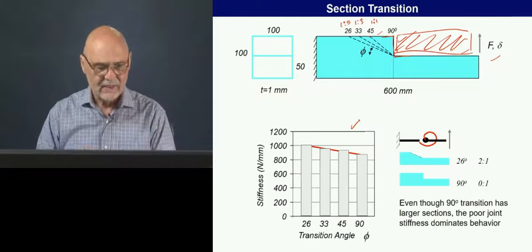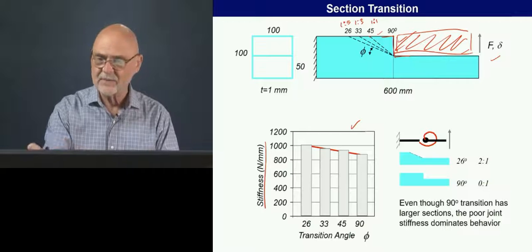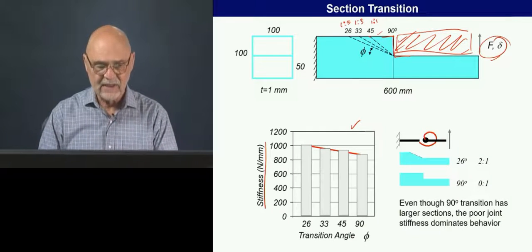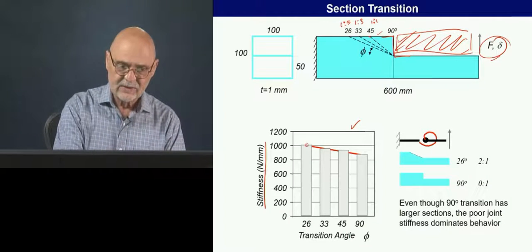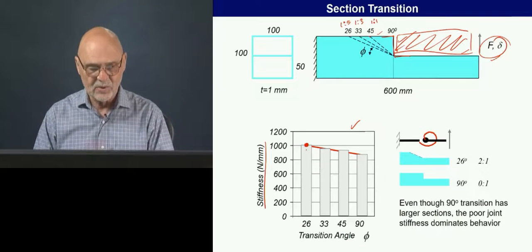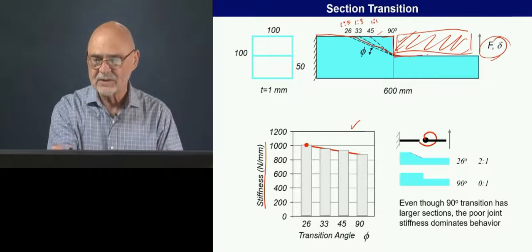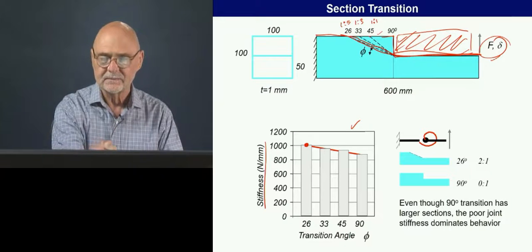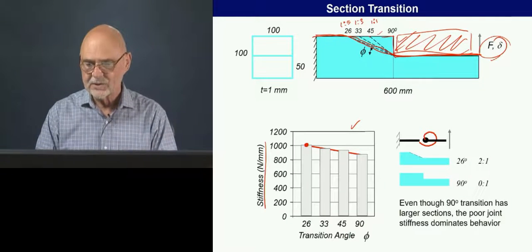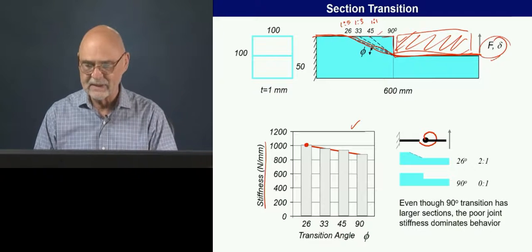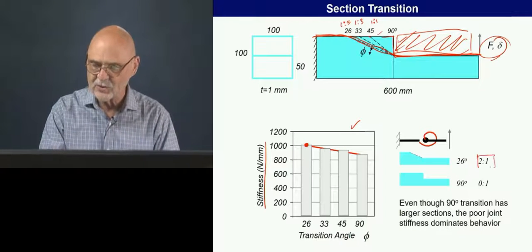And here are the results. This is the stiffness as measured at the end of this little cantilever beam, and you see that the most stiff joint is this one that has this kind of transition. So that's the recommended value. Here's 2-to-1.